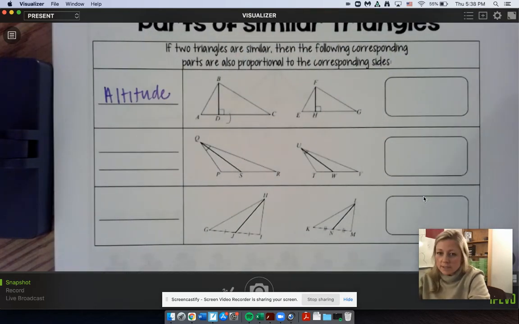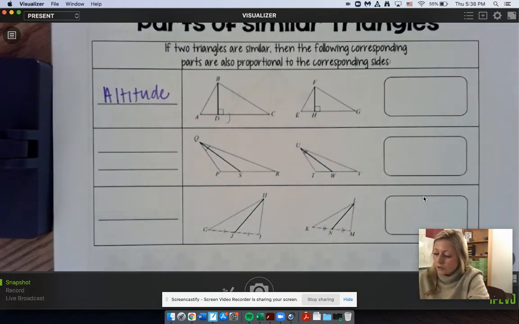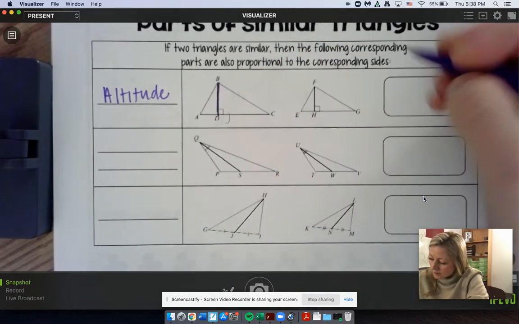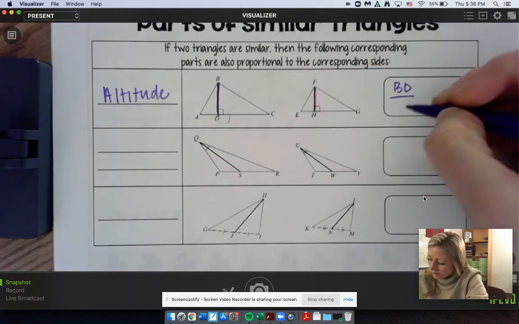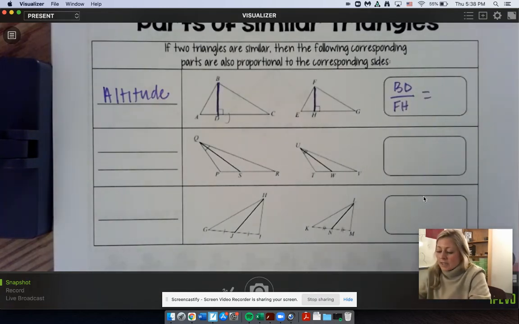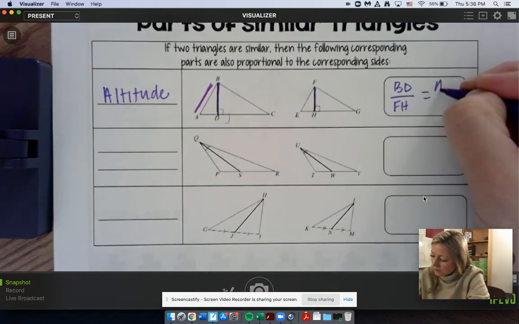We can write proportions to find, let's say, a missing side of one of those triangles. All you do is match. You put your altitudes over each other. So BD would match FH, because those are altitudes, in matching spots. Now you just pick. Let's go AB. What would that match on our smaller triangle?